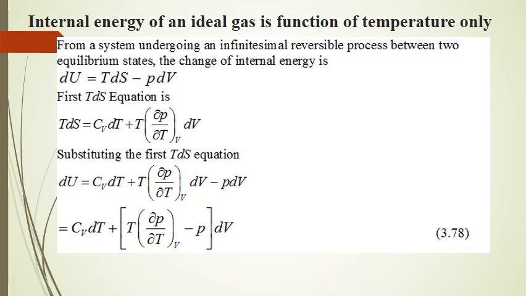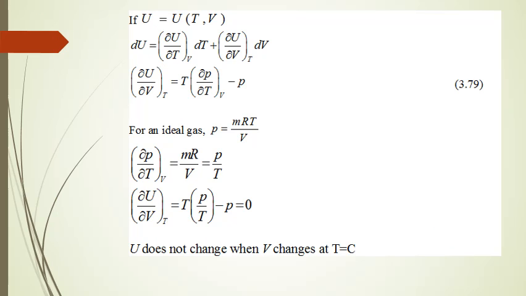Now substituting the first TdS equation in the above equation, we get dU equal to Cv dT plus T into del P upon del T when V is constant into dV minus PdV. Now taking dV as common for the second and third term, we get the equation 3.78.